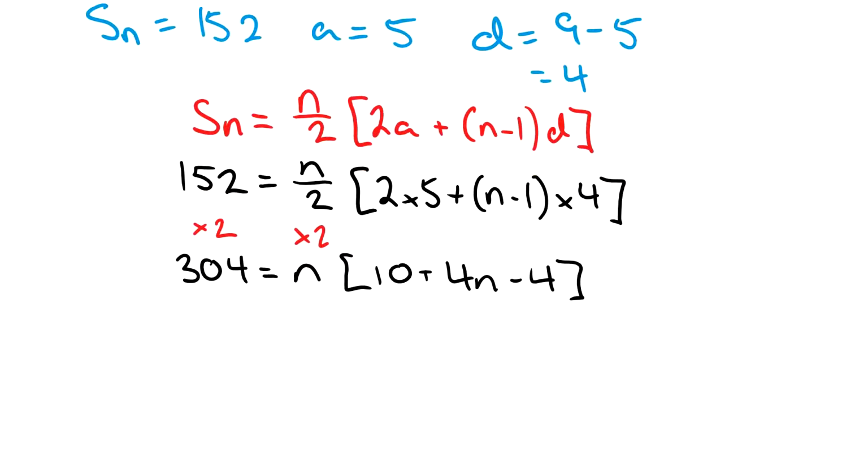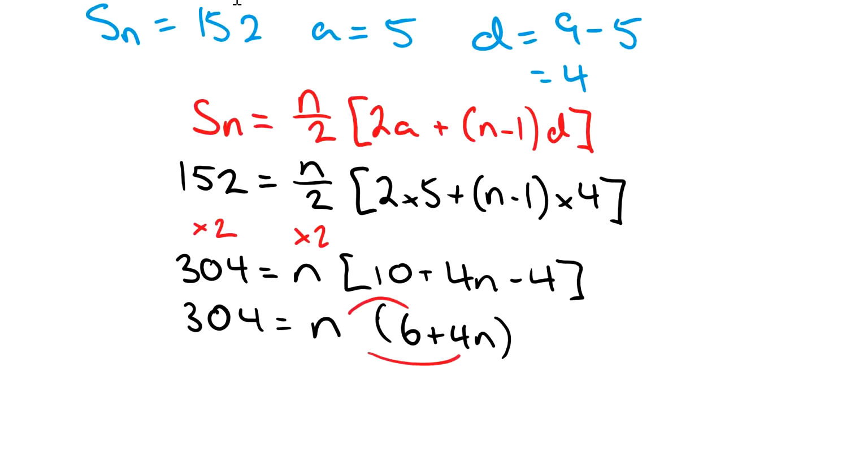I'm actually going to simplify this bracketed area first. So 304 equals n times 10 take away 4, which is 6, plus 4n. I can change those brackets now and multiply these out.